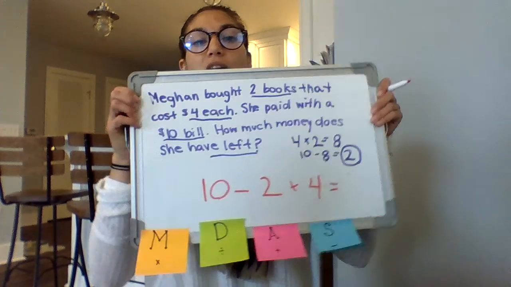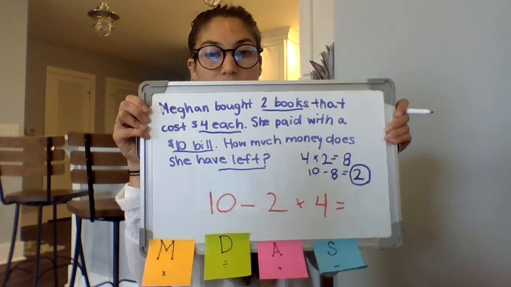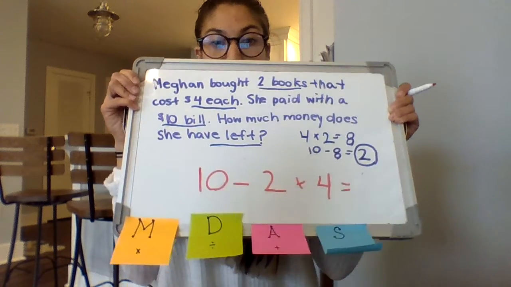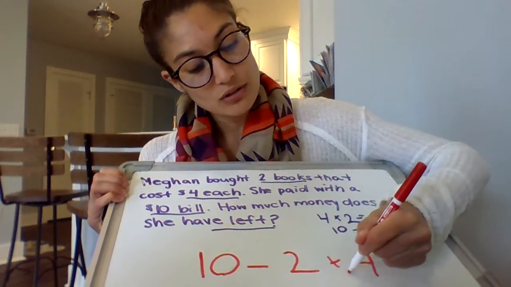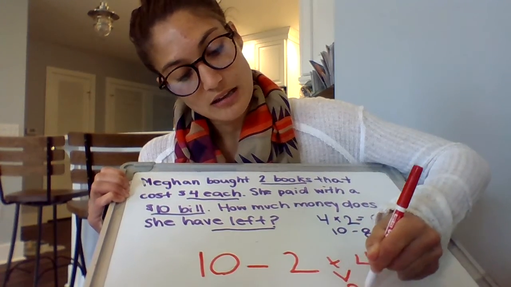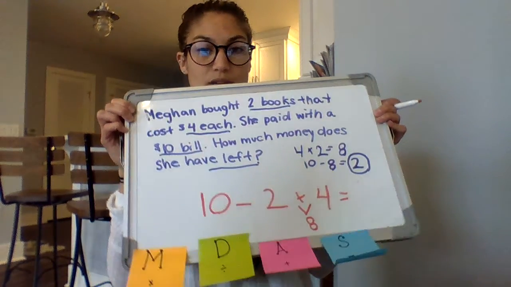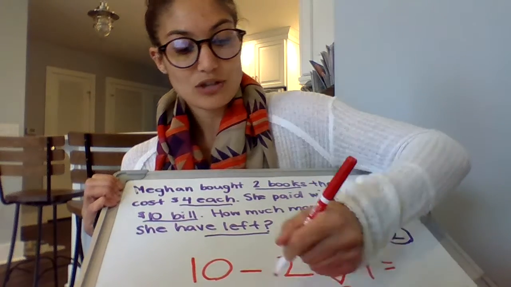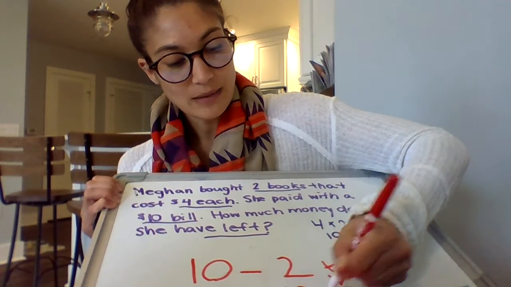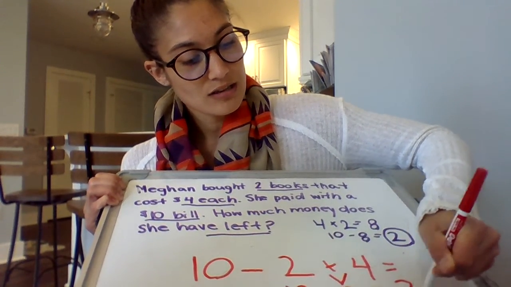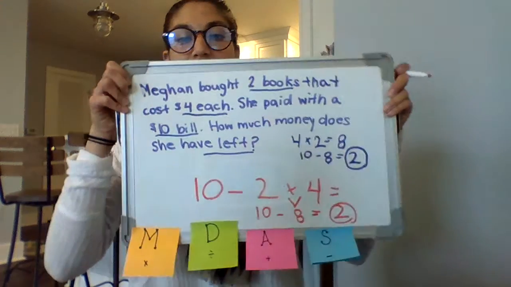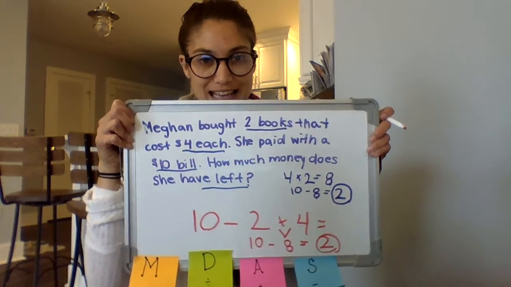Let's see if we follow our DOES, if we get the same thing. Ooh, look, we need to multiply first. So first I'm going to do 2 times 4, which is 8. I don't have addition, but I do have subtraction. So now I can subtract. I would do 10 minus 8, which is 2. And look, we got the same answer.